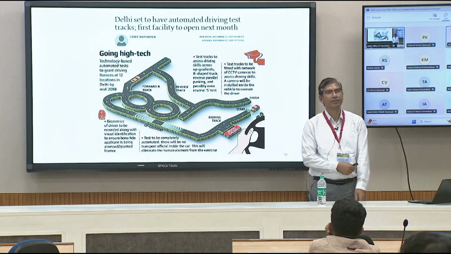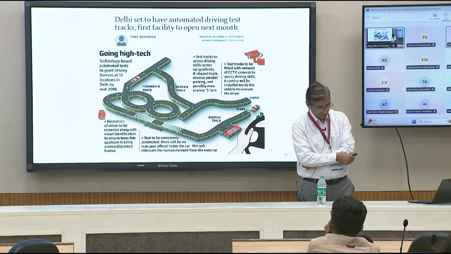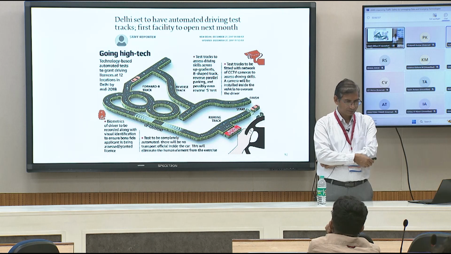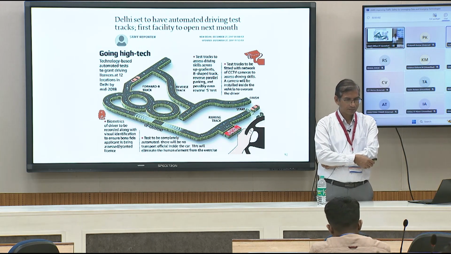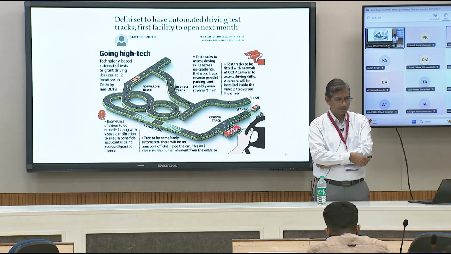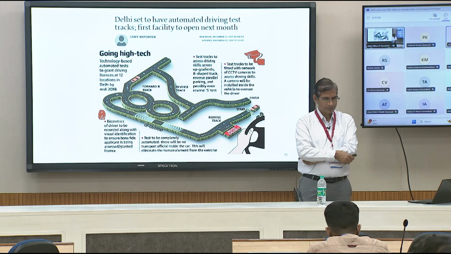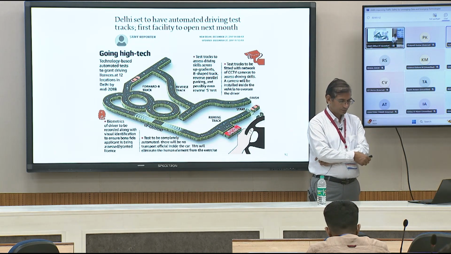Because as the number of registered vehicles rises, obviously the accidents are also increasing. So do we have some statistics on whether, as the number of vehicles on road increases, the accidents have increased, and in what proportion the accidents have increased with respect to the number of actual vehicles on road?